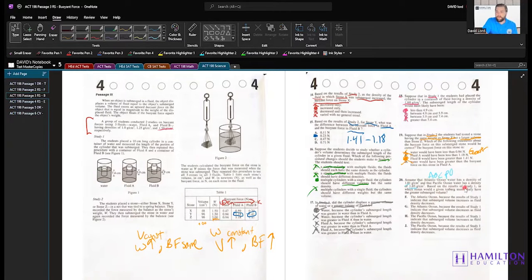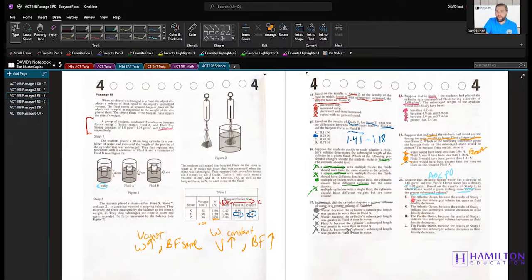Based on results of study 1, in which ocean would a given iceberg more likely have a greater submerged volume? So looking back at study 1, I want to see which of these choices would have a greater submerged volume. And I can see here that when the density of the fluid was the lowest, it had a greater submerged volume. So that's the answer I'm looking for.